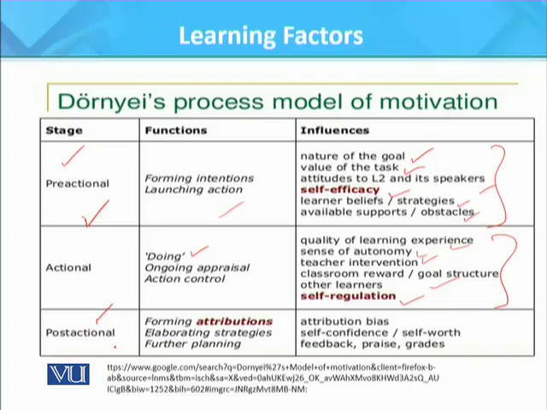Then you have the post-actional stage, which means forming attributions and elaborating strategies for the plan. Attribution is self-reflection or self-critique, finding reasons for errors of one's own as well as others' behavior. So this involves attribution bias, self-confidence, self-worth, feedback, praise, and grades. These are the three stages which Dörnyei recommends in his model of motivation.